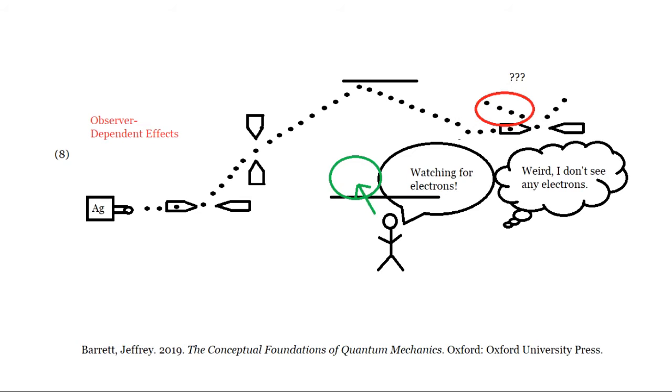Well, what's really strange about this is that even if the observer is there, observing empty space where there are no electrons, it turns out that this is sufficient for there to be a fact of the matter as to the location of the Z spin, contrary to experiment number 7. Now, I'm not saying it's inconsistent with experiment 7, the previous experiment.